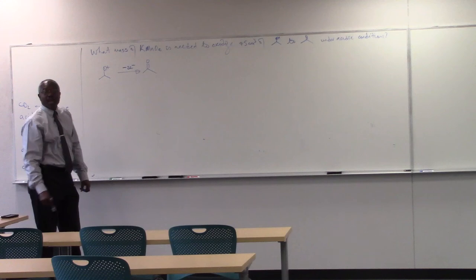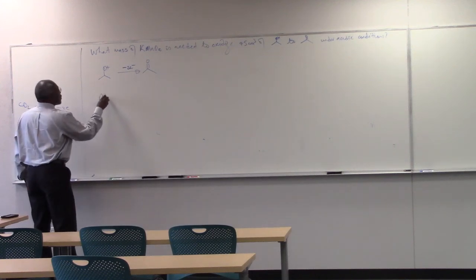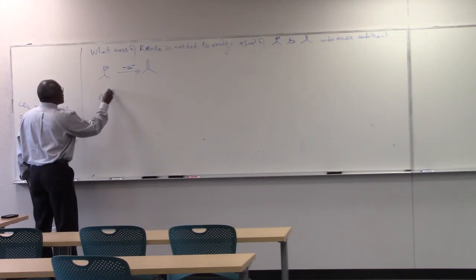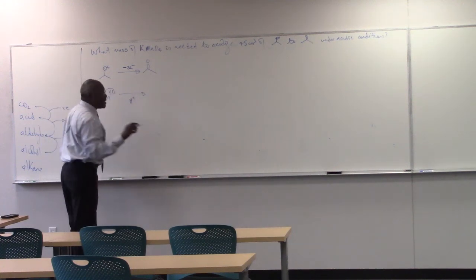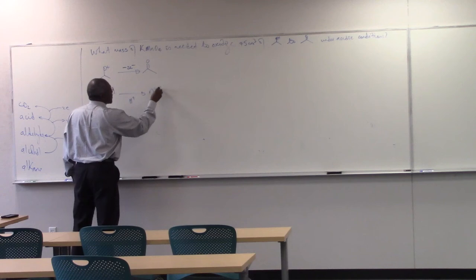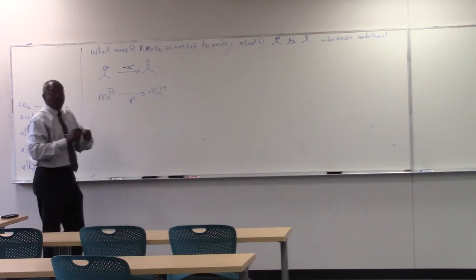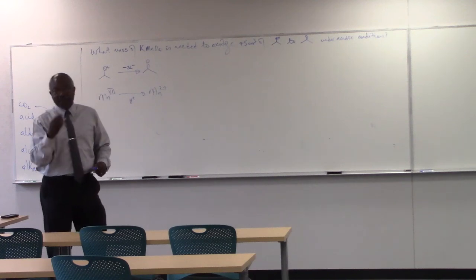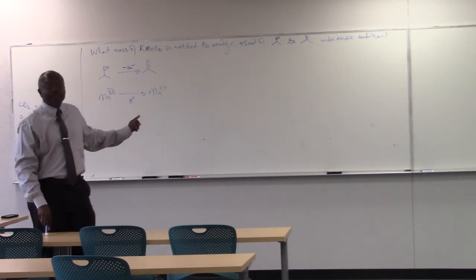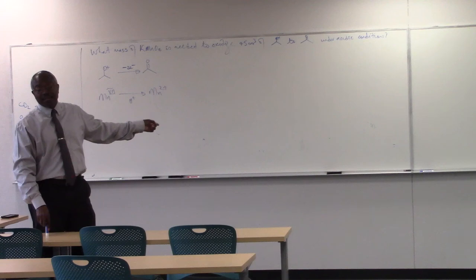What is happening to the permanganate? Well, the permanganate is going from manganese 7. We are under acidic conditions, which you must know means it's going to manganese 2+. Let me just be very clear on that. I will not tell you in the exam, without penalty, I'll take away points if I have to, that manganese 7 goes to manganese 2 under acidic conditions. That's something you need to know.